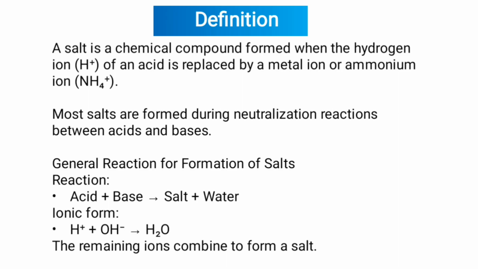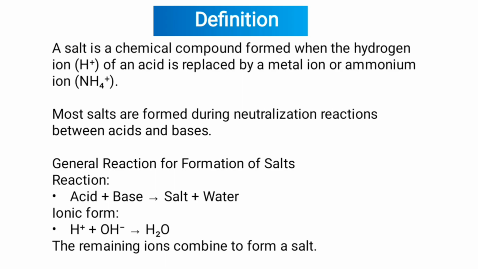Definition of salts. My dear student, a salt is a chemical compound formed when the hydrogen ions of an acid are replaced by metal ions or ammonium ions, meaning NH4 positive. Most salts are formed during neutralization reactions between acids and bases.